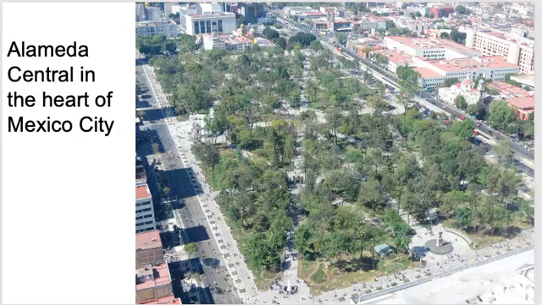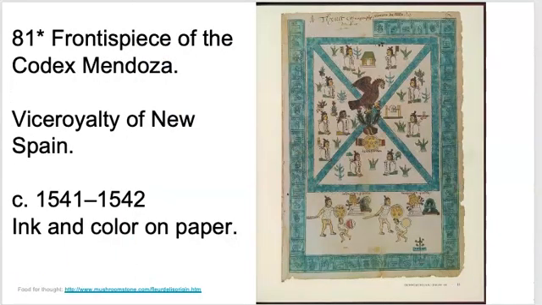But if we look at this, do you notice something about this park? Obviously there's a lot of trees, but do you see this giant X here? They've made the walkways an X. So this aerial view also reminds me of the frontispiece of the Codex Mendoza, which was created by the Viceroy of New Spain.